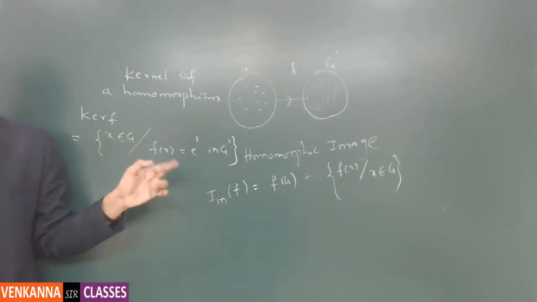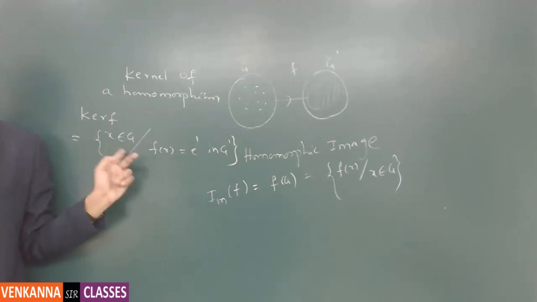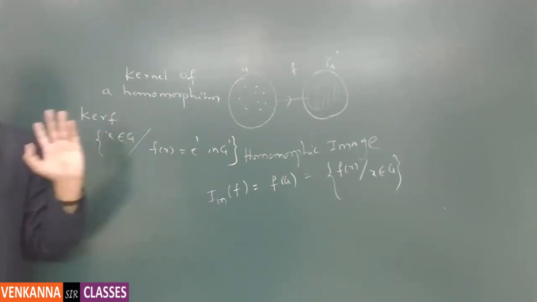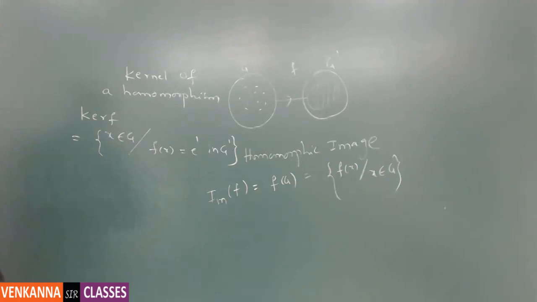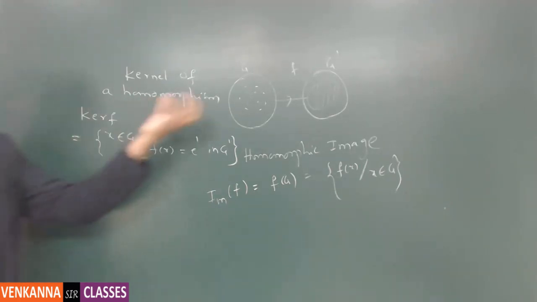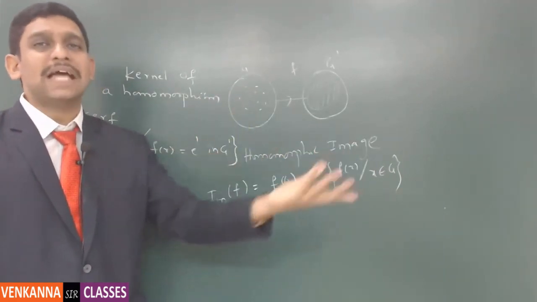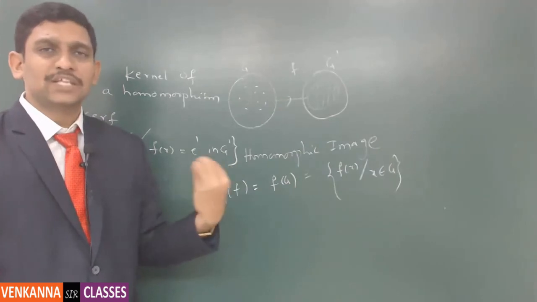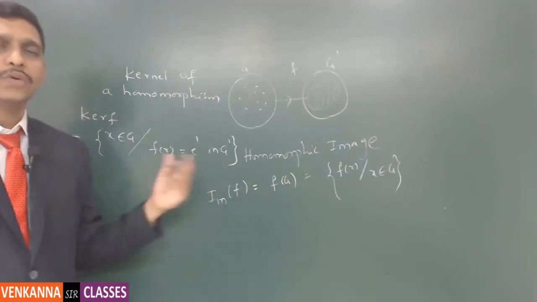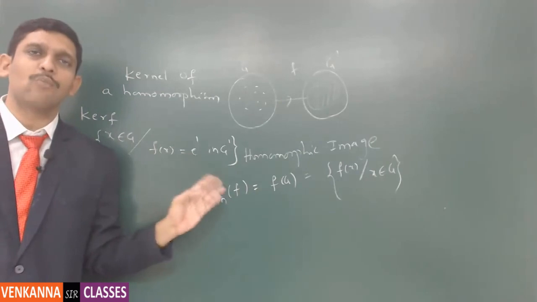Those elements you are writing exclusively as a set, that we are calling the kernel of the homomorphism. In the domain, you are picking the elements for which the image is identity. Those elements are written separately as a set. We are calling it the kernel of the homomorphism.